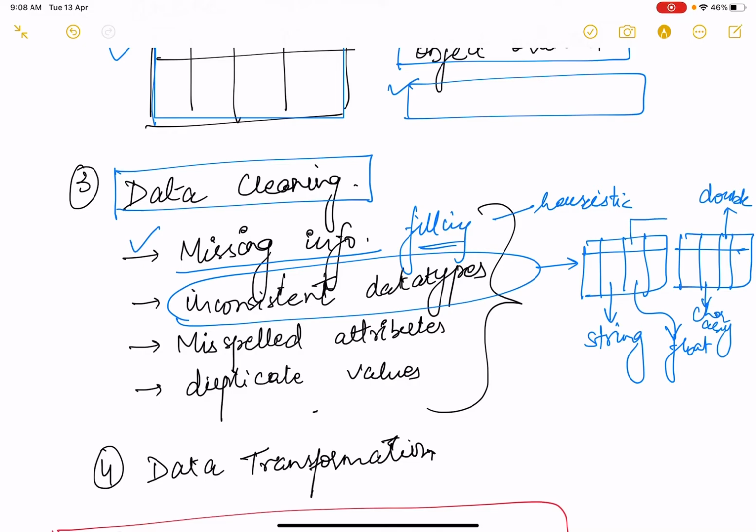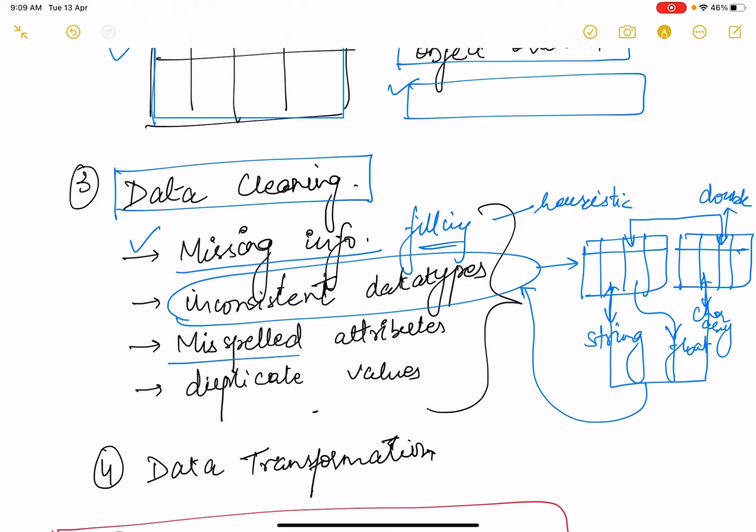How would you integrate float and double? How would you integrate string and character array? Although they both have the same properties, integrating them would be a challenge, and that is something which needs to be handled.